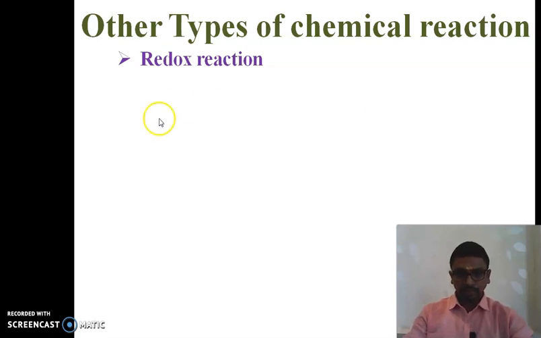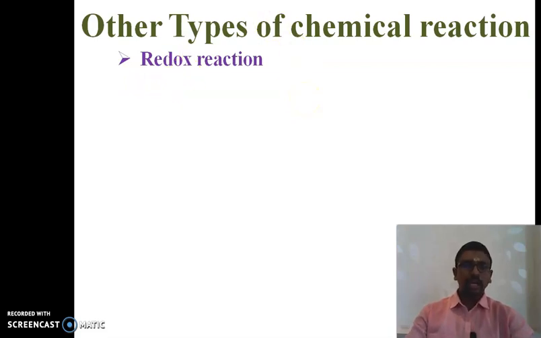In this word, RED indicates reduction and OX indicates oxidation. So redox means the reaction which undergoes reduction and oxidation simultaneously. What is meant by reduction?